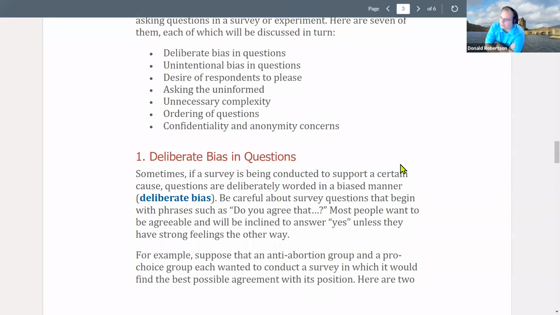Yes, I'm in favor, or I'm against, right? If I went and said to you, are you in favor of a woman's right to choose, because that's an abortion question, I'll get a certain percentage who say yes and another percentage who say no. If I say to you, are you in favor of killing an unborn child? Can you see that the way I phrase that question will also affect the response?